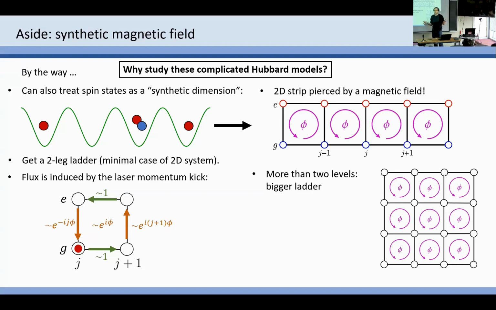And you can show that this spin orbit coupling phase is basically just a magnetic field piercing through the ladder. If a particle tunnels along one leg of this ladder and goes all the way around, it gets laser excited, tunnels, gets de-excited, and picks up an overall phase. So I've got a 2D strip pierced by a synthetic magnetic field. And of course, if I had more than two internal levels, I'd have a more than two-leg ladder.